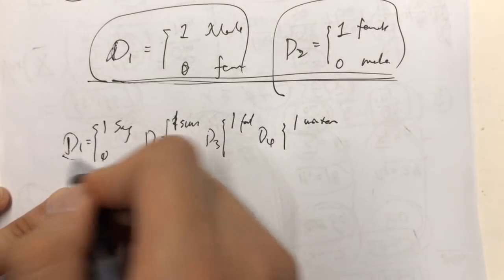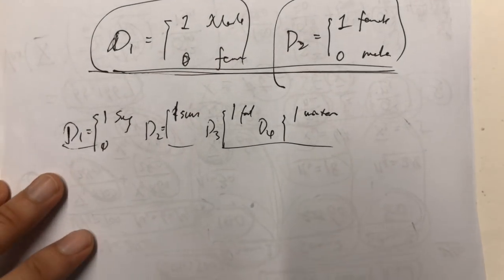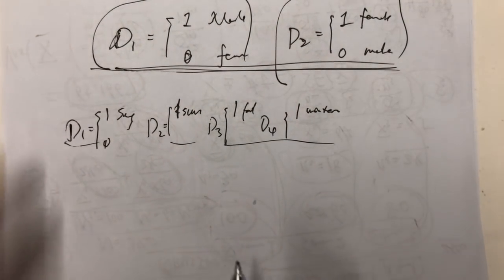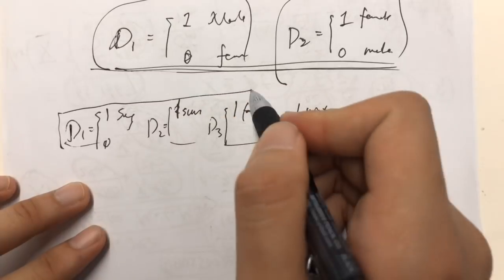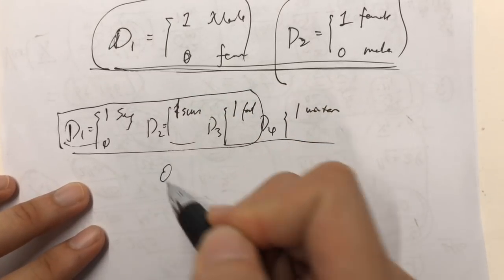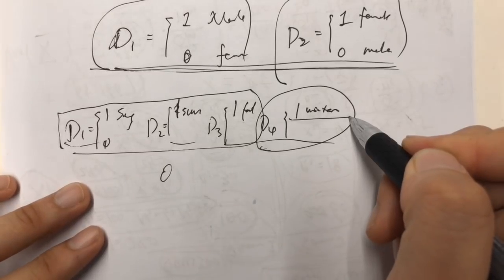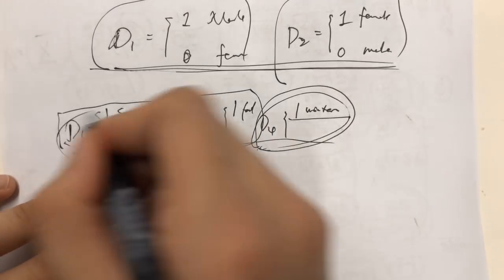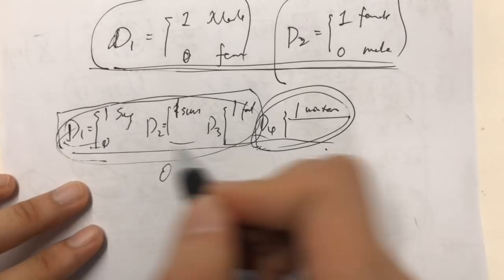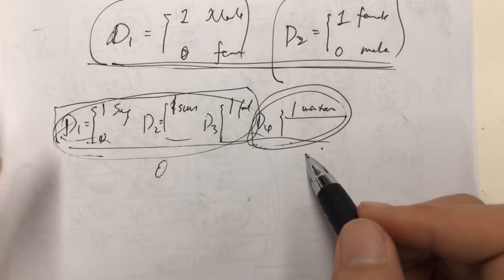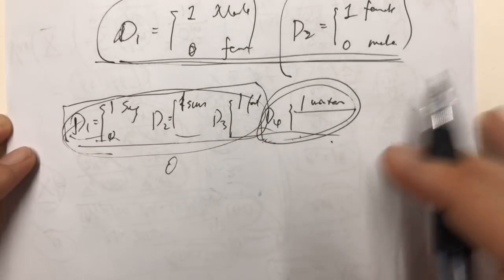So seemingly they are not intercorrelated with each other, right? However, if all D1, D2, D3 equal 0, it's exactly winter. Is that right? So all of them have sort of correlation with each other. That is what we call a trap, a dummy variable trap.